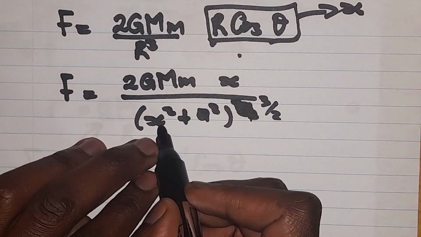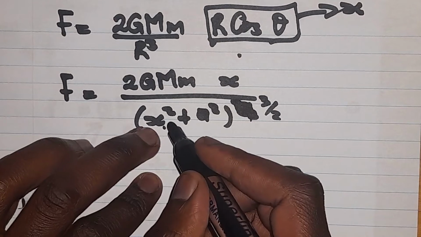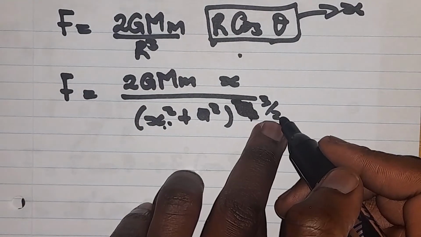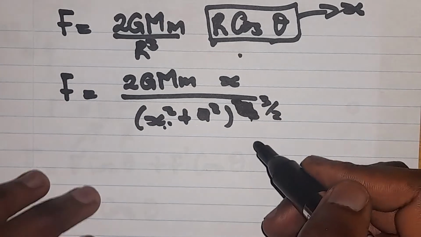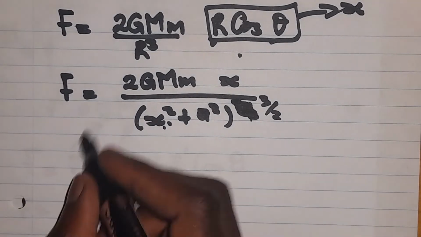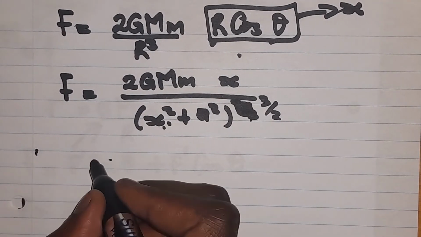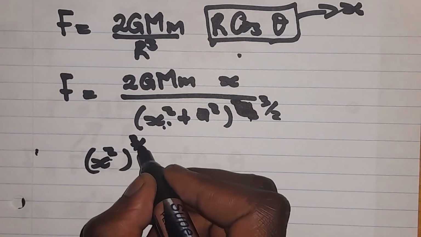Now we have x squared inside this bracket. If you want to cancel out this x squared, it means we have to multiply inside this 3 over 2. For us to do that, we can divide the numerator and the denominator by this quantity, which is x squared all to the 3 over 2.